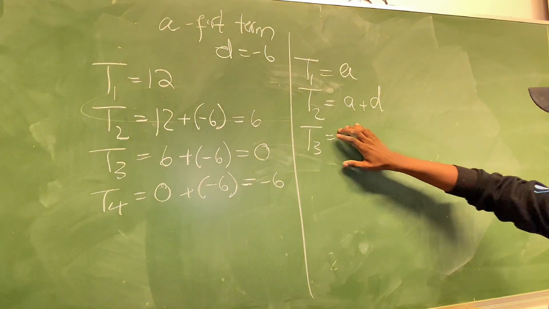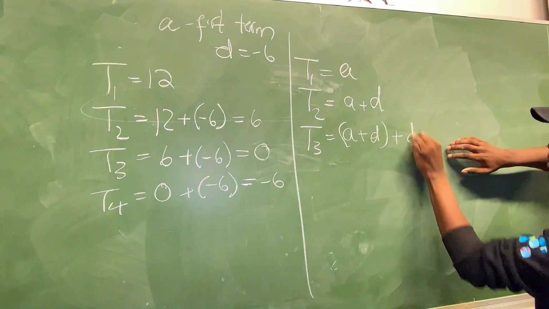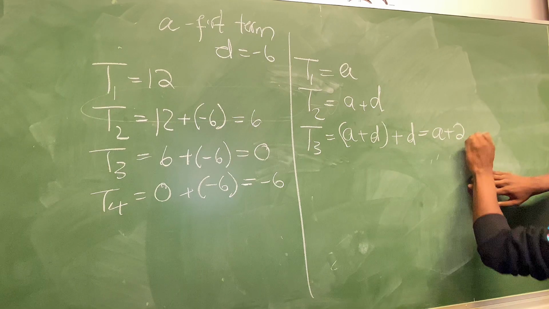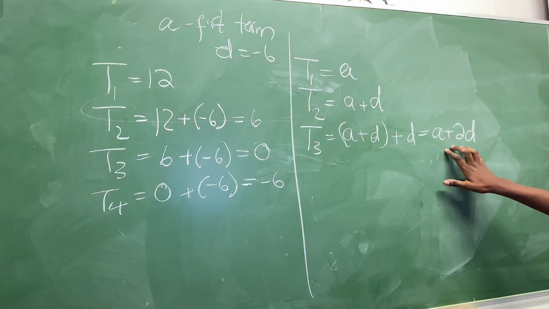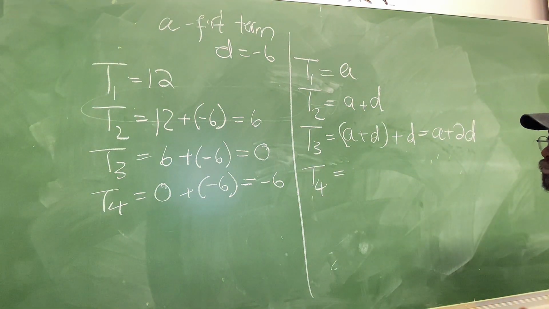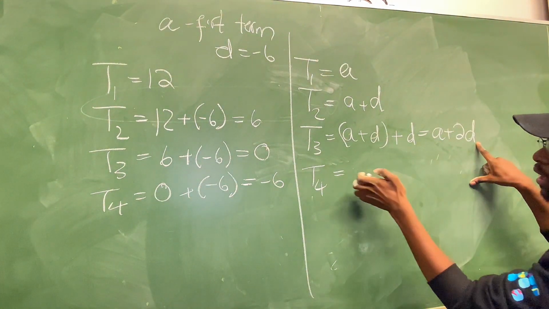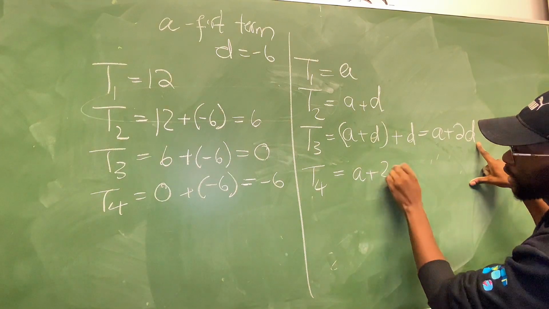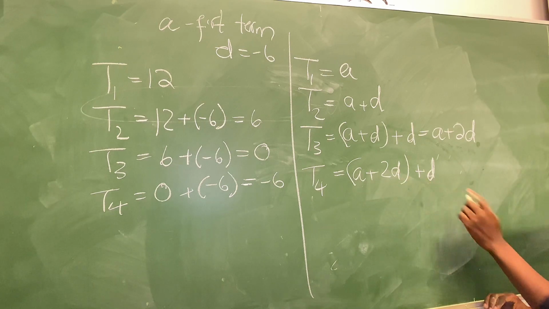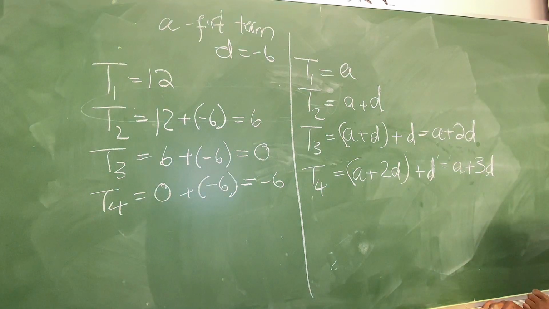So A plus D, we add our common difference, which is D, and then we will get A plus 2D. Now let's keep going and find T4, our fourth term of our sequence. We will take our previous term again, A plus 2D, and we will add our common difference, and that will give us A plus 3D.